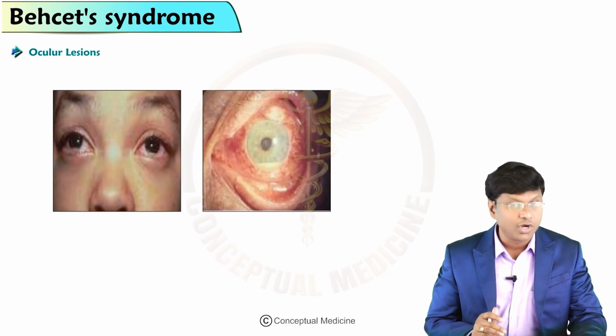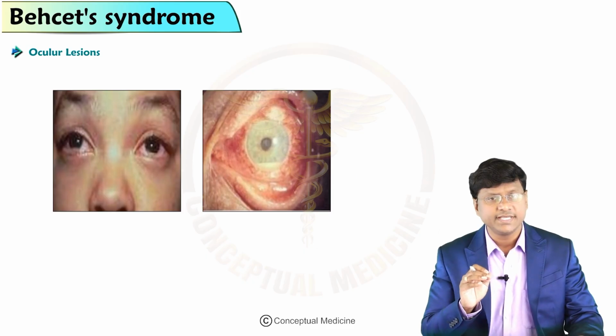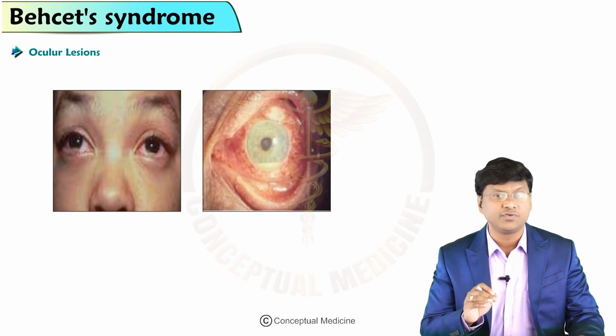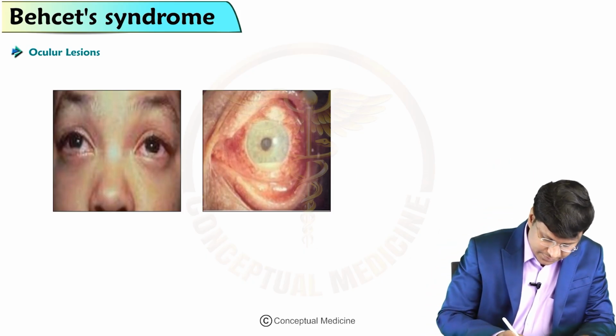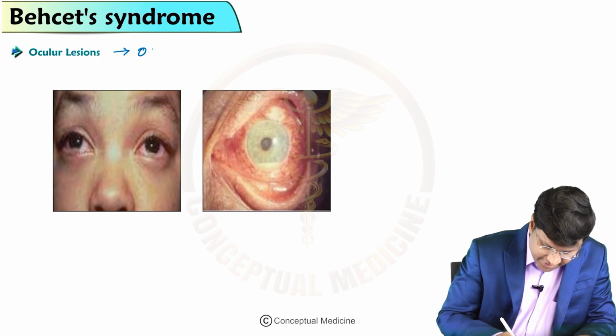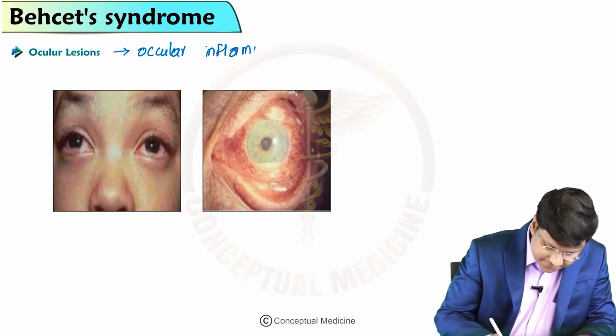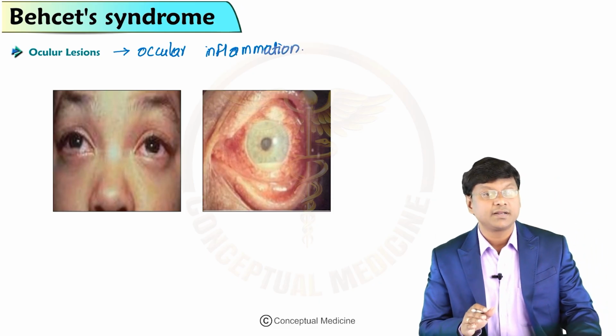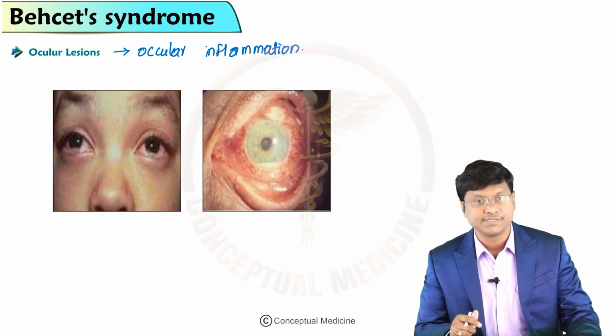Then coming to the ocular lesions. The ocular lesions will be in the form of ocular inflammation. And this ocular inflammation is the hallmark manifestation of Behcet's disease.